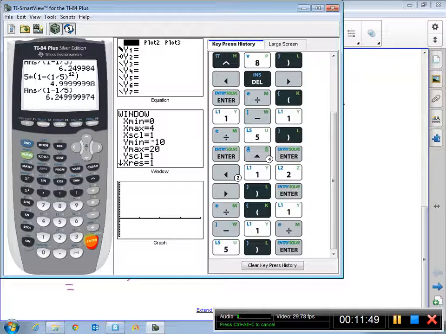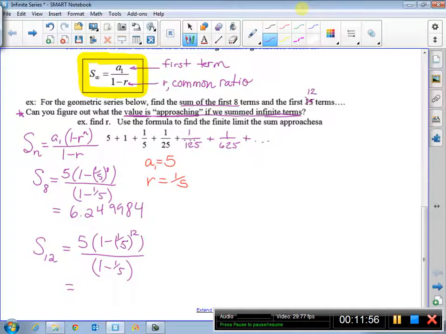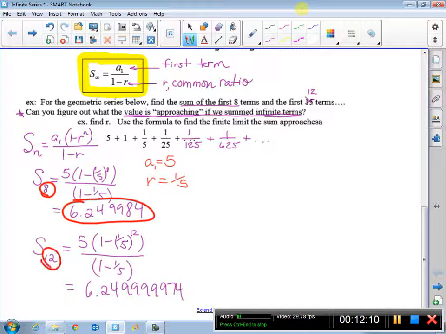We went from 8 terms to 12 terms. You see 6.24, and then 5 9s and a 7 4. So if we add up the first 8 terms, we get this. If we add up the first 12 terms, we get this.